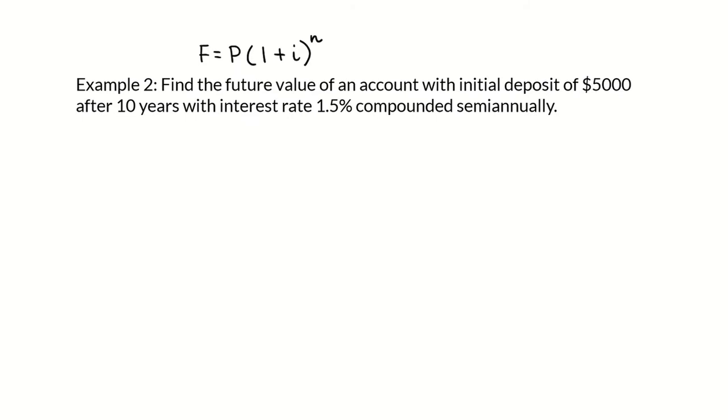Example 2: find the future value of an account with initial deposit of $5,000 after 10 years with interest rate 1.5%, compounded semi-annually. So in this situation, the principal value is 5,000, and we want to find the future value.